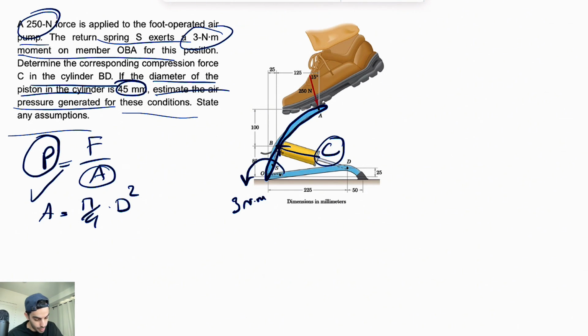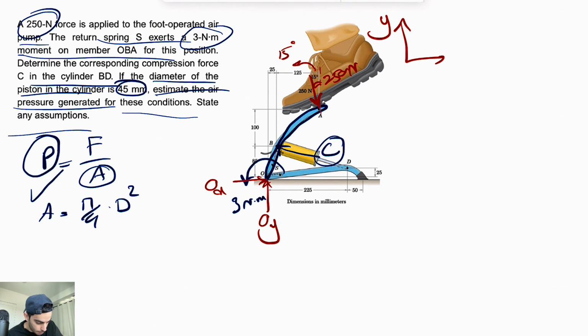I already showed the forces that we have. On top of that, obviously we have this 250 Newton force that is applying at A, and this one also makes 15 degrees here, and we can consider two forces at O. Since we have a plane OX, OY, let's just call our X and Y axis.